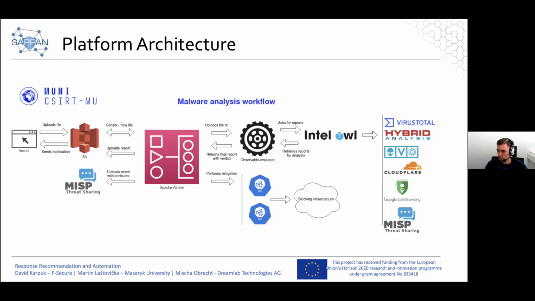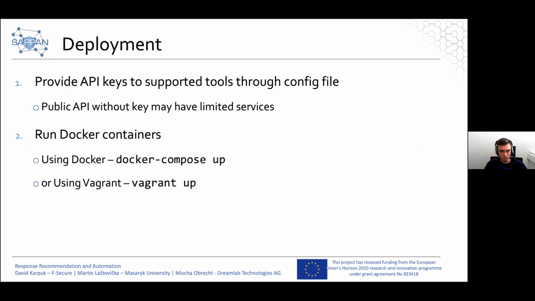So next slide, please. We integrated all this in a tool that can be deployed using one command in Docker. The only thing that you have to provide for it to work is API keys for the third-party tools, because they usually require some kind of registration for the tool to run.